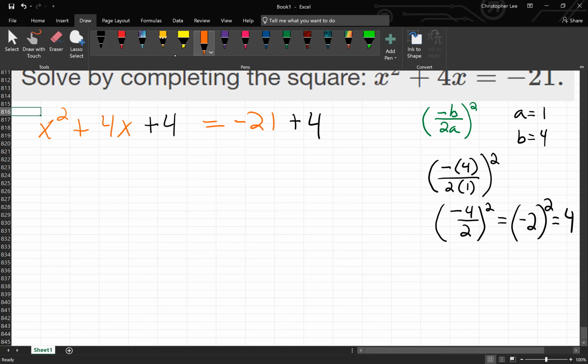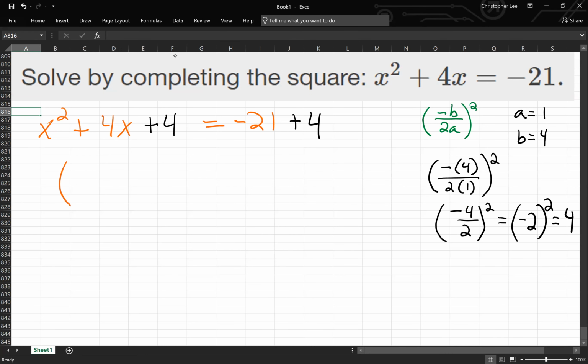What's the factor of this? x squared plus 4x plus 4. Factor that for me. Exactly, x plus 2 squared. And that's going to be equal to negative 21 plus 4, which is negative 17.